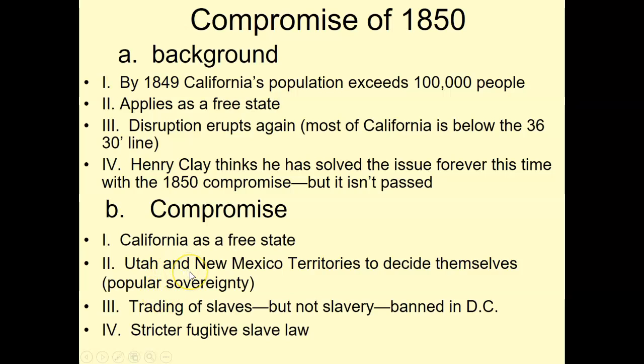Number 2, Utah and New Mexico will decide for themselves whether or not they will come in as slave or free. That's popular sovereignty. And so to deal with the territories, Clay says, number 1, California comes in as a free state. It's what they chose. Number 2, Utah and New Mexico will decide for themselves. That's popular sovereignty.